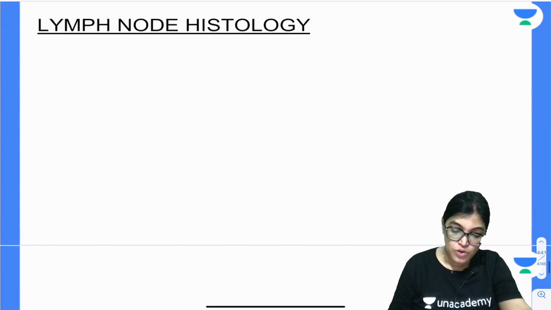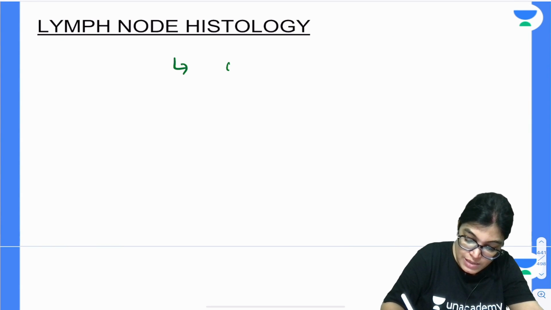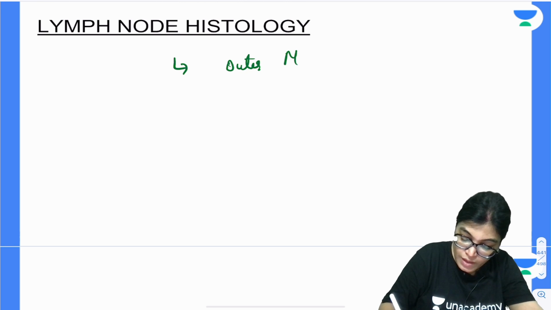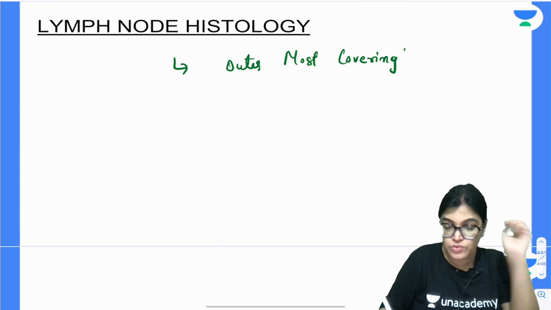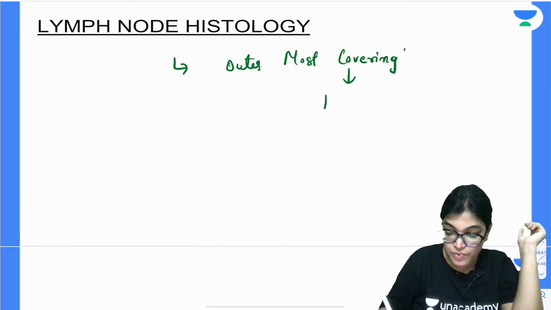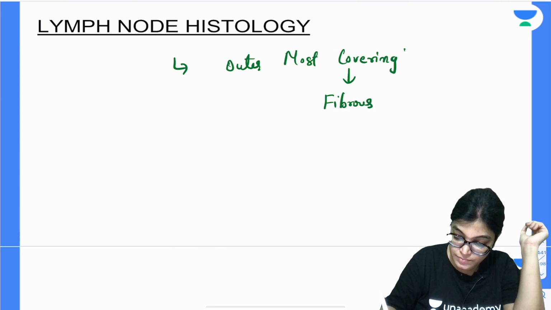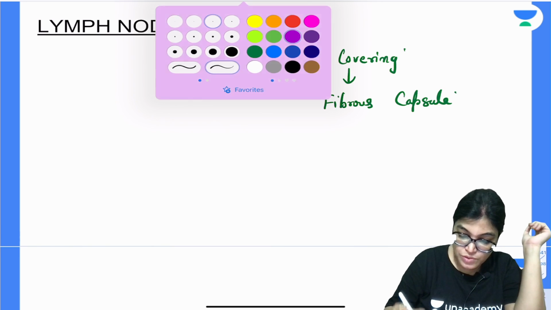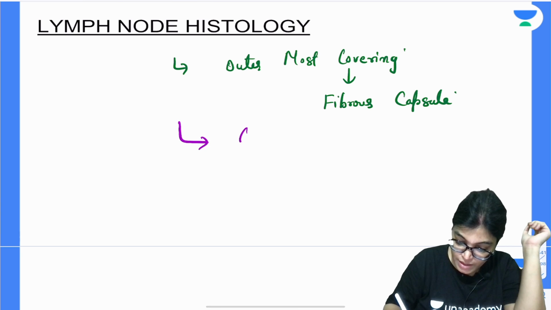So lymph node histology: the outermost covering of the lymph node is the fibrous capsule. It has cortex and medulla.